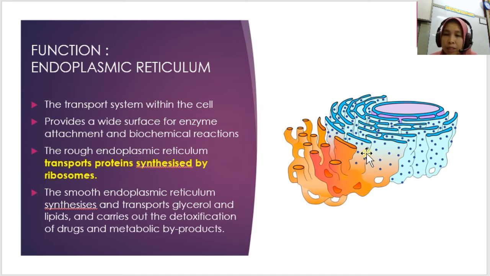Just now we discussed that the function of the ribosome is to synthesize protein. So the protein synthesized by the ribosome will be transported by the rough endoplasmic reticulum. If the question asks about the function of the RER, your answer is: transport protein synthesized by ribosome.